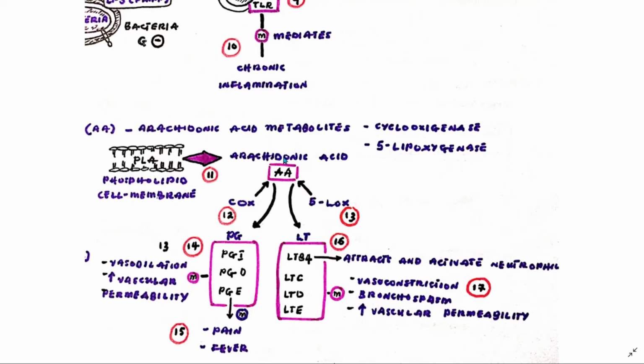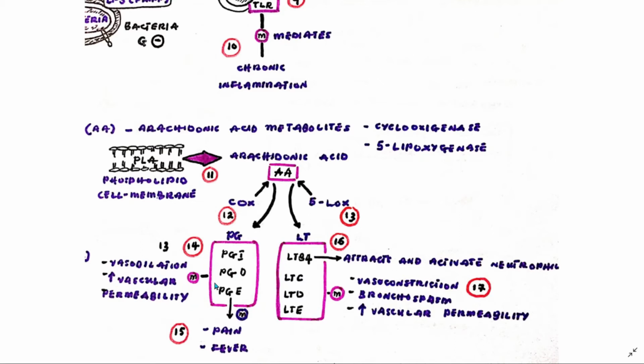Now arachidonic acid is then acted upon by cyclooxygenase or 5-lipoxygenase. When it is acted upon by cyclooxygenase, it produces prostaglandins. So some of these are prostaglandin I, that is prostacyclin, as well as prostaglandin D and prostaglandin E. Now these prostaglandins mediate vasodilation and increased vascular permeability.